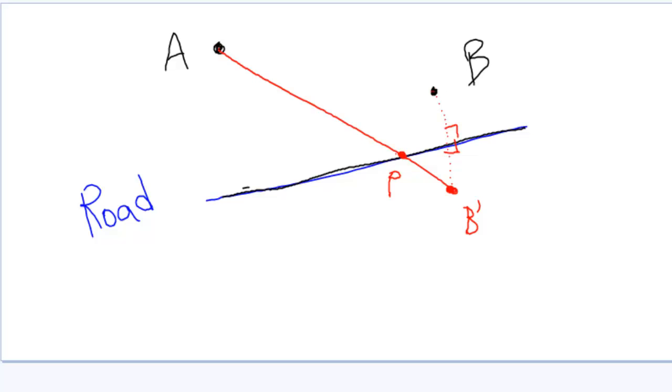Because the distance from P to B prime is exactly the same as the distance from P to B. But what that tells me is that this point P would give you the shortest distance going from A to road to B as possible, and the electric company then could realize, all right, this would be the place we want to construct the electric pole.